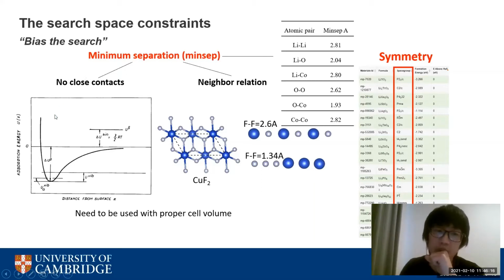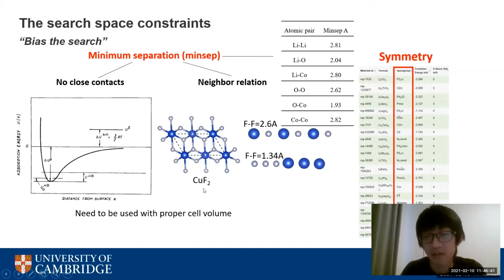The first one is that it can actually avoid the close contact between atoms. So we know that atoms cannot be too close to each other at ambient temperature, at ambient pressure. And the other one is not really easy to think about. It's like it can actually help us to get some information on the neighbor relation.